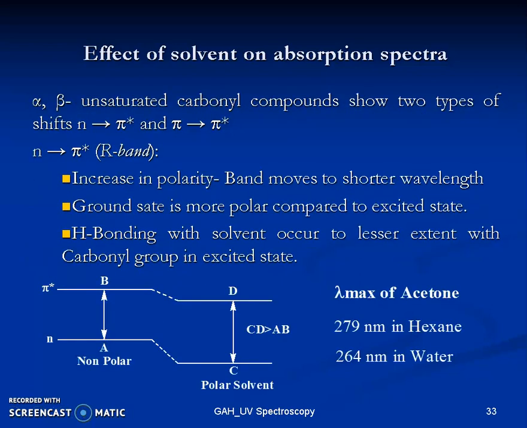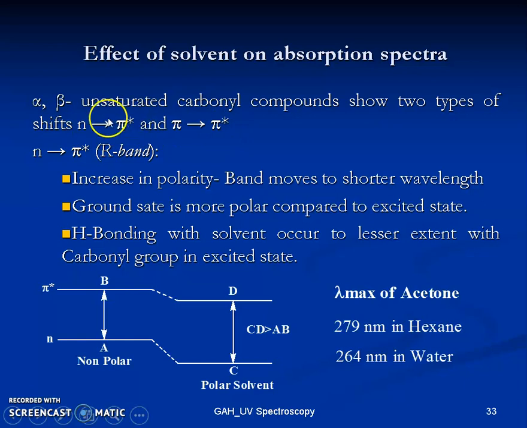I am discussing the effect of solvent on the absorption spectrum of alpha beta unsaturated compounds in these coming slides. If you have any alpha beta unsaturated carbonyl compound, they usually show two different types of shifts. The first is n to pi star, and the second one is pi to pi star.